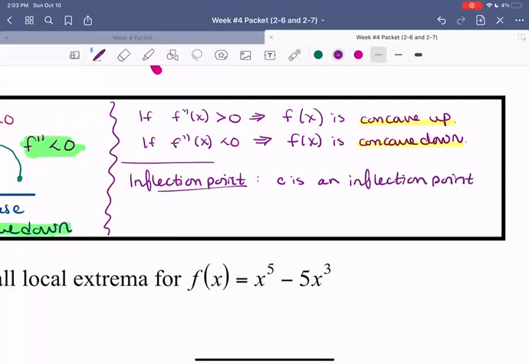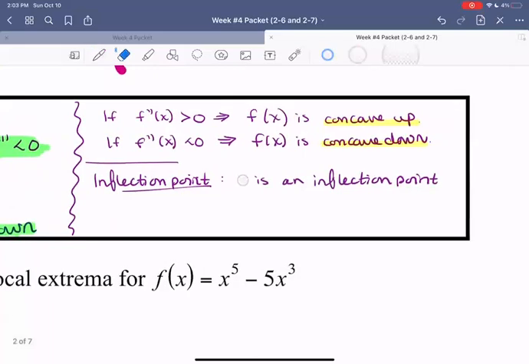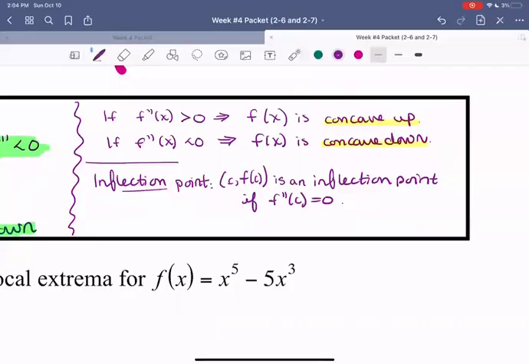Actually, I'm going to change this a little bit because for an inflection point, we care about both the input and the output. So I'll say c comma f of c is an inflection point if f double prime of c is equal to 0. We actually have another situation, or f double prime of c does not exist.